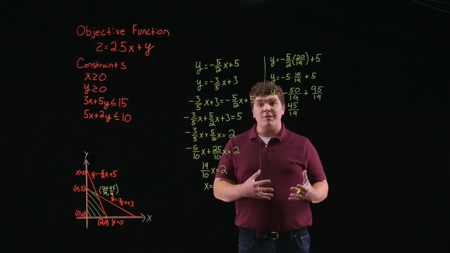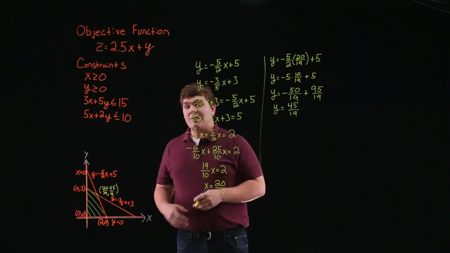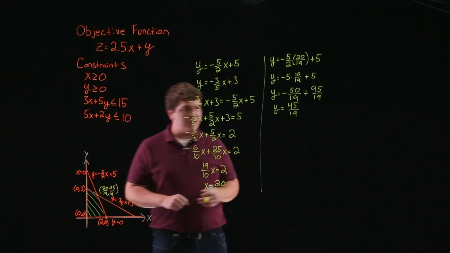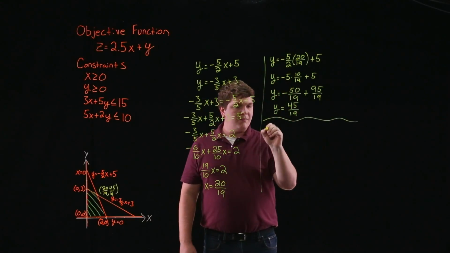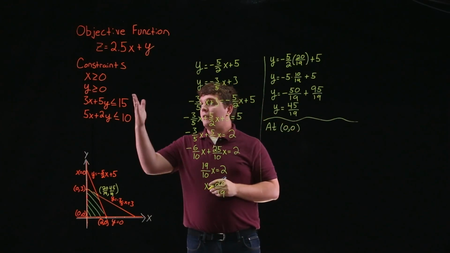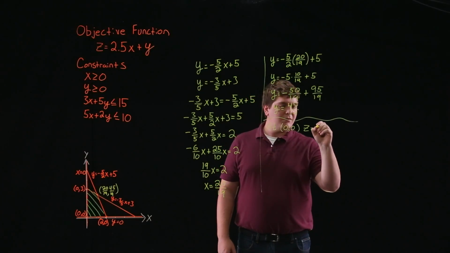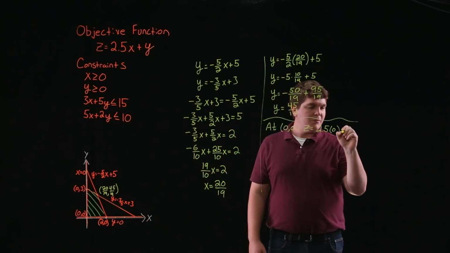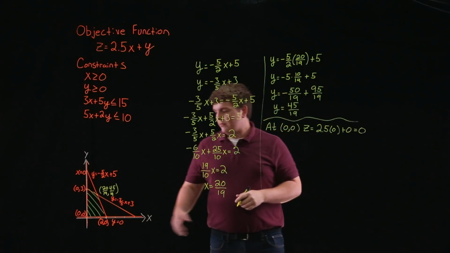Next, we want to try to find the maximum and the minimum values of our objective function in this region. So let's go ahead and evaluate our objective function at each of the vertices. Let's start at the origin. So at the point (0, 0), z is equal to 2.5 times 0 plus 0, which is equal to 0.